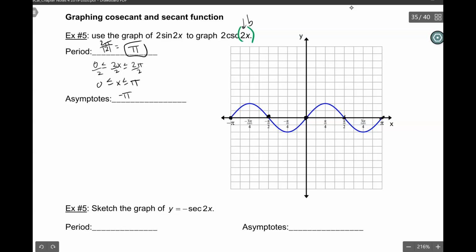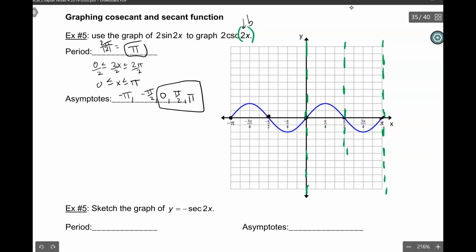So at negative pi, negative pi over 2, 0, pi over 2, pi. If you're only going to list 3, I would do 0, pi over 2, and pi, since you only have to do one period. At bare minimum, all you would have to do is draw the period from 0 to pi, because that would be one cycle.